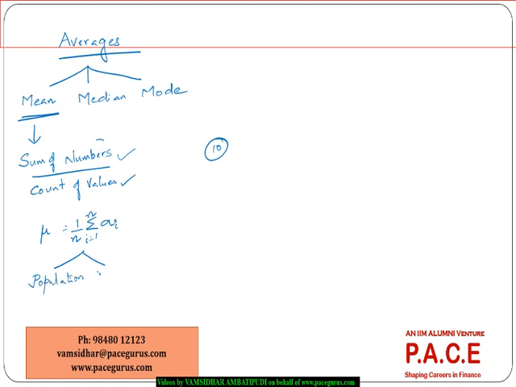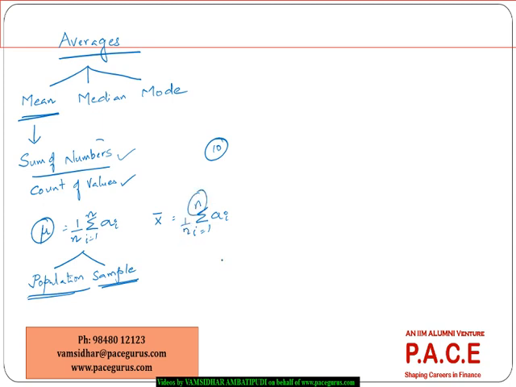Now, in the statistical world, we have to clearly distinguish between the word population and the word sample. Population is when I'm taking the entire data, whereas sample is when it forms only a subset of the entire data. So generally the term mu stands for population mean, whereas the term x bar stands for the sample mean. Even there I am adding up 1 to n, but n is not the total number.